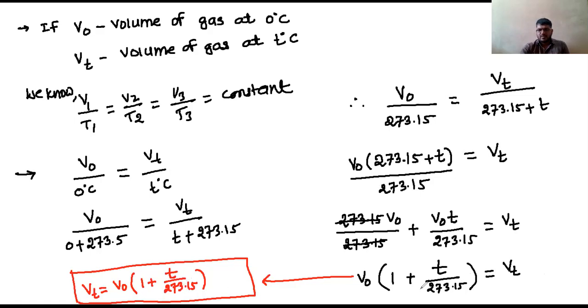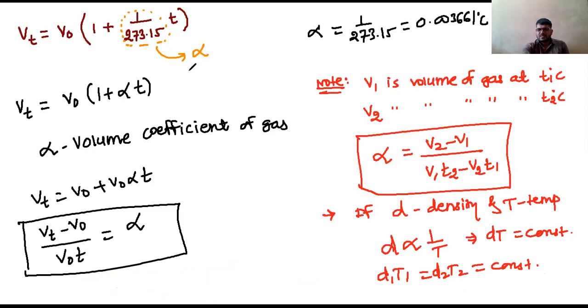Then 1 by 273.15 is alpha, then V0 Pt is equal to V0 (1 plus alpha T), then alpha is equal to this. Alpha for different volumes of gases is this, and alpha is what? Volume coefficient of gas.